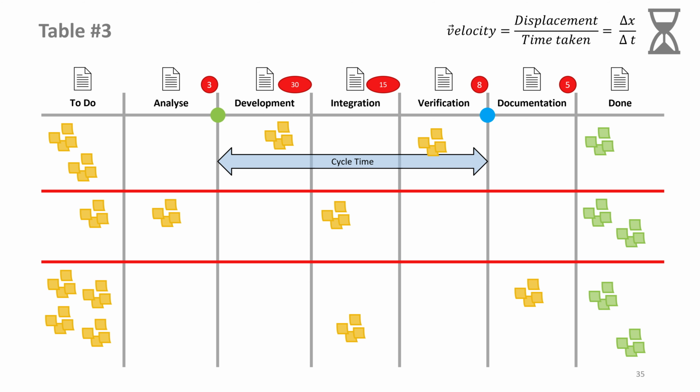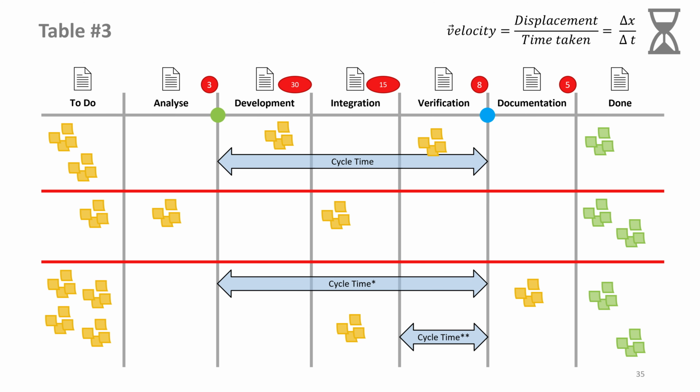The moment we drag something into the development column, we start our stopwatch, and the moment it leaves verification, we stop our time measurement. We can have a cycle time between any points. Furthermore, there can be as many cycle times as we want.